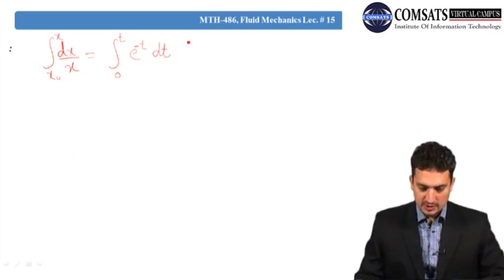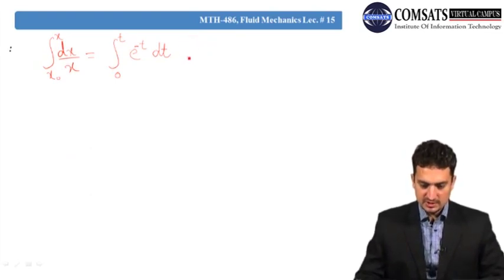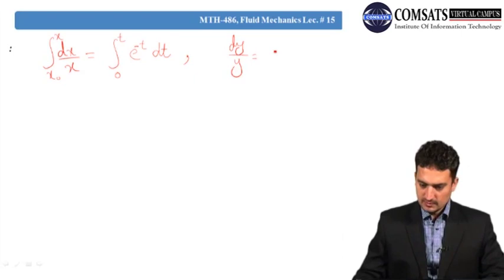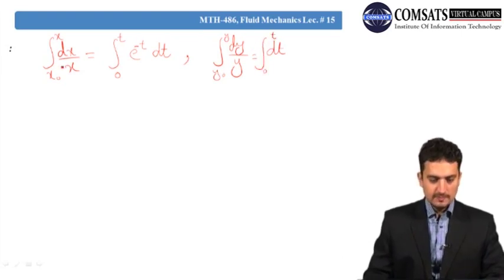And if we proceed in parallel with the y component equation, it will be dy by y is equal to dt. This will be from y naught to y, and this will be from 0 to t.